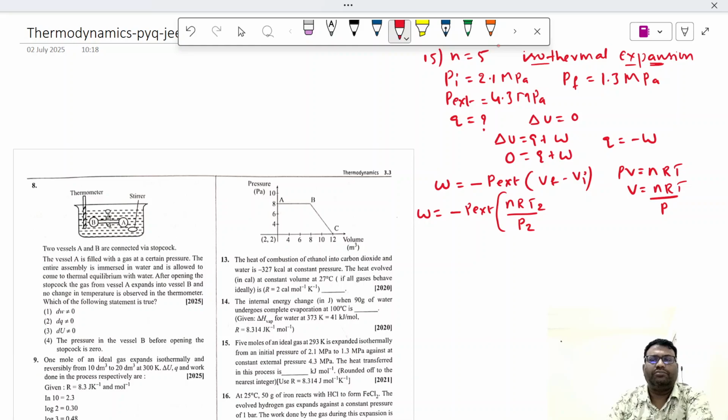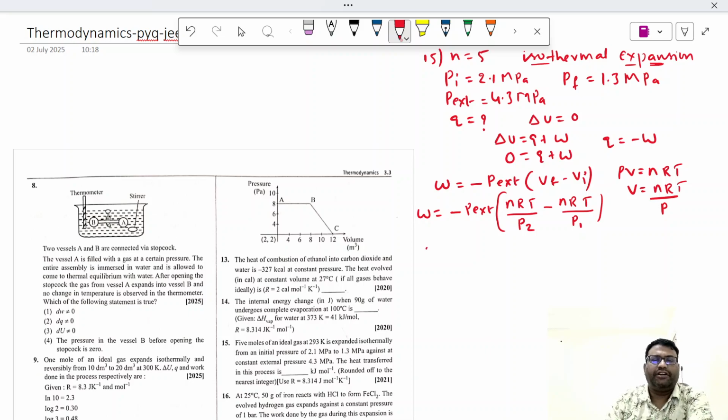Is it necessary to mention T2? No, because the reaction is happening at constant temperature, so temperature remains constant. Minus nRT by P1. So pressure is changing, temperature is remaining the same.